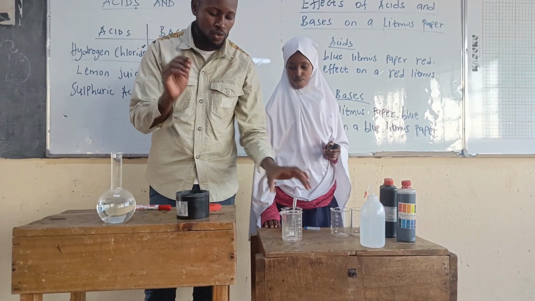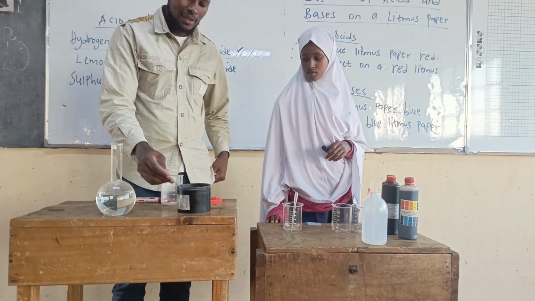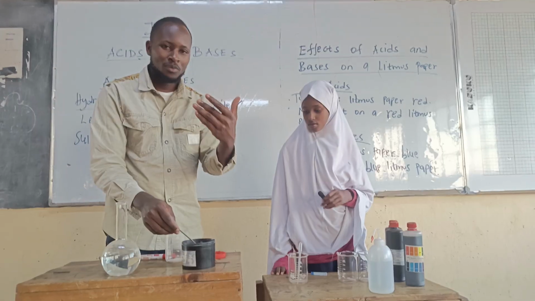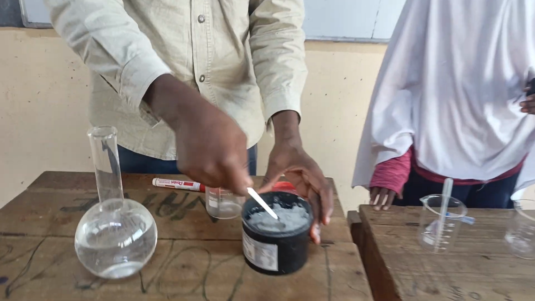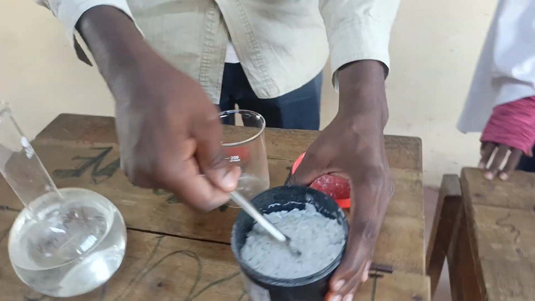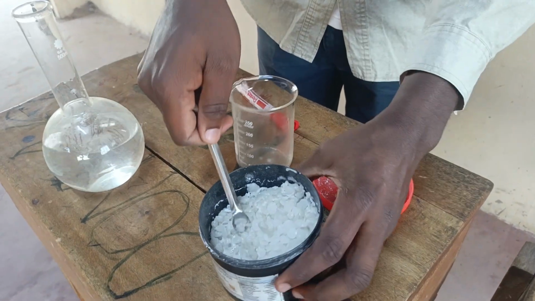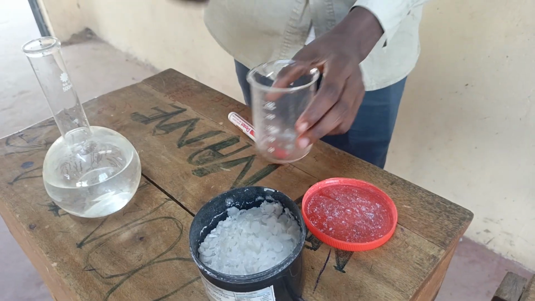So you take a spatula, then you take just a few pellets. Can you move our camera closer so that they see what you are doing? These are our pellets. Can you see them?